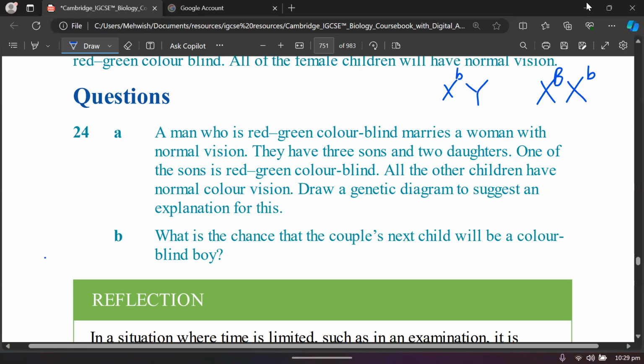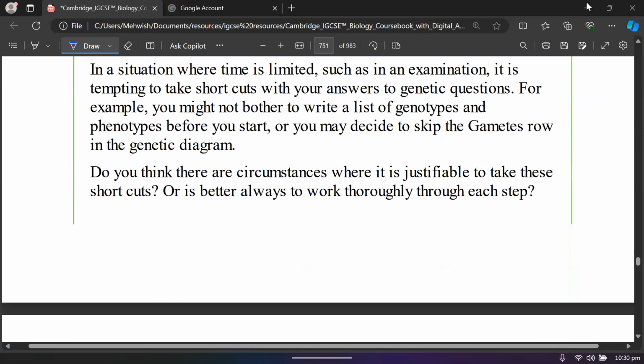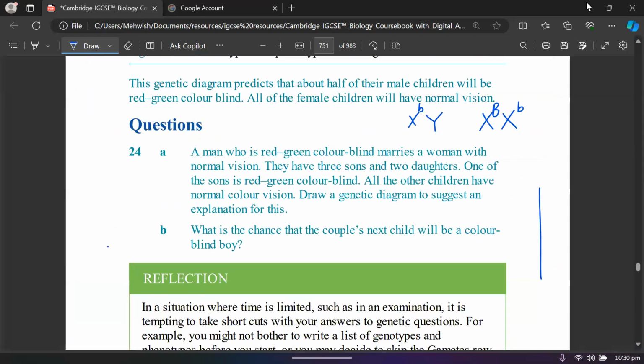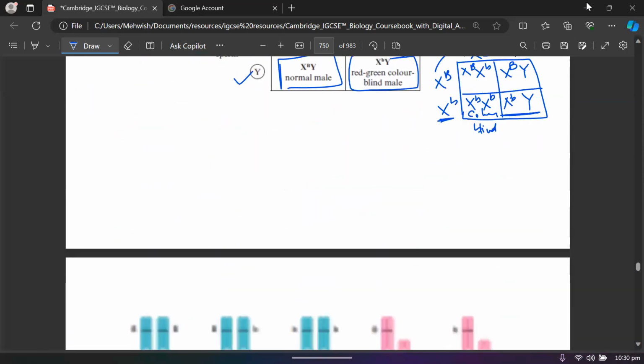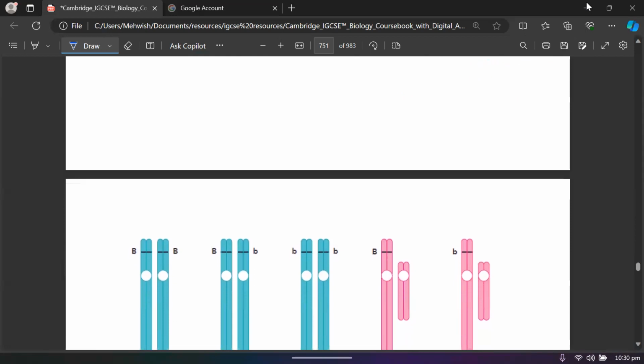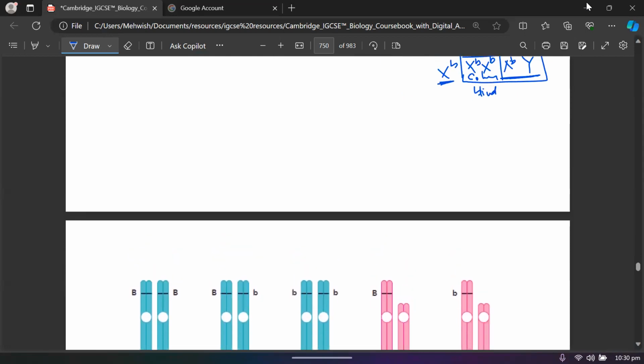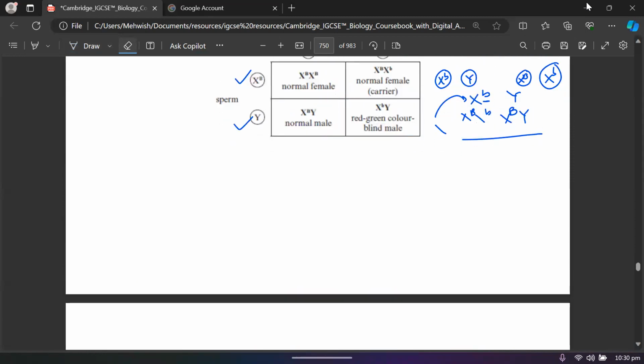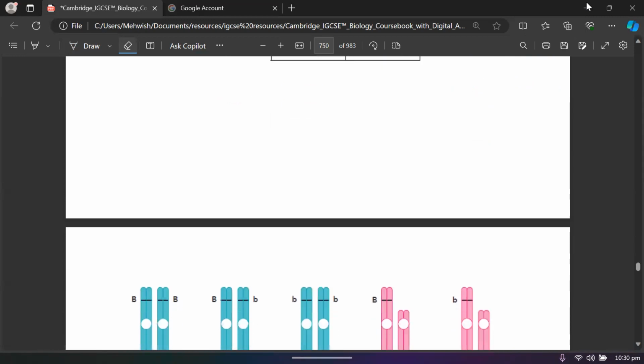Now, make a Punnett square for this kind of genotype of the parents, where the father is colorblind and the mother is not colorblind. I'm using this space just to make the Punnett square. This was the first example that we did, and this is the second example.